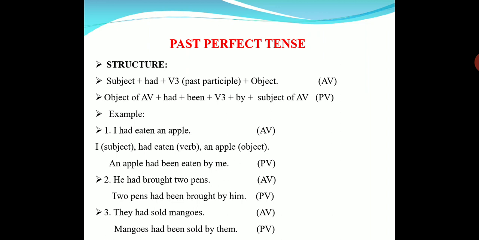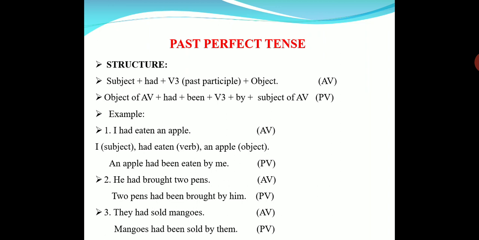Let's see another example. They had sold mangoes. What is the subject here? They. What is the verb part? Had sold. What's the object? Mangoes.